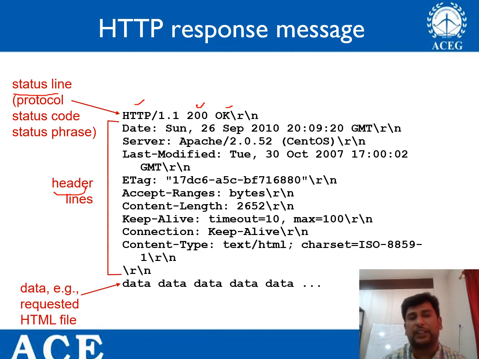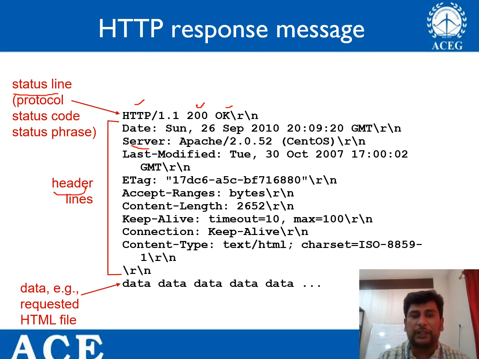After the status line, we have the header lines. In this particular case, you can find the various components of this header line. The date on which this particular object was transmitted, then the server which has responded, just like the user agent in our request message indicates the version of the sender's browser. Here the server indicates its Apache web server and its version.